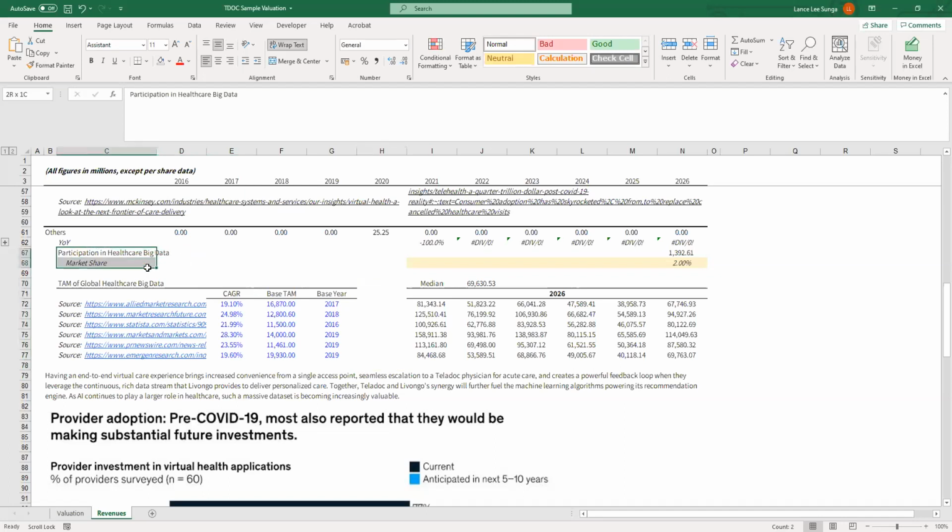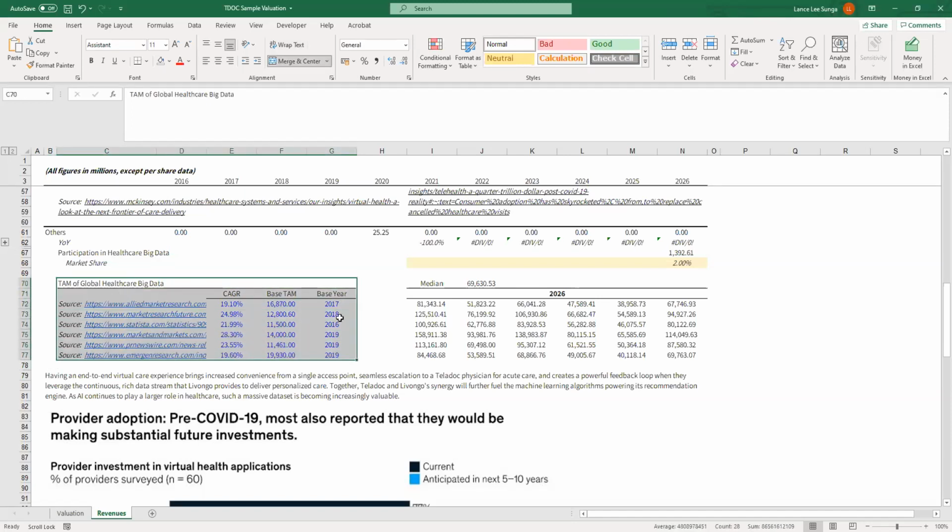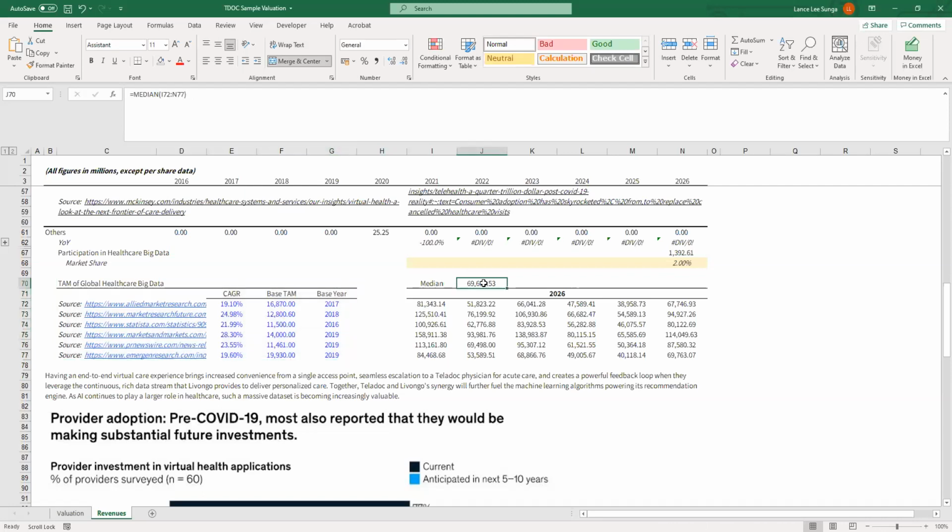And so because Teladoc doesn't have that segment yet in their revenues, what I did was I took the total addressable market of healthcare data, right, and then got a median amount of 69 billion.